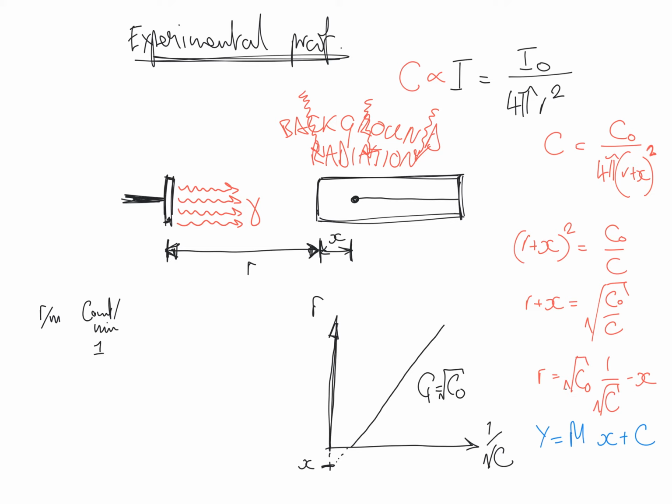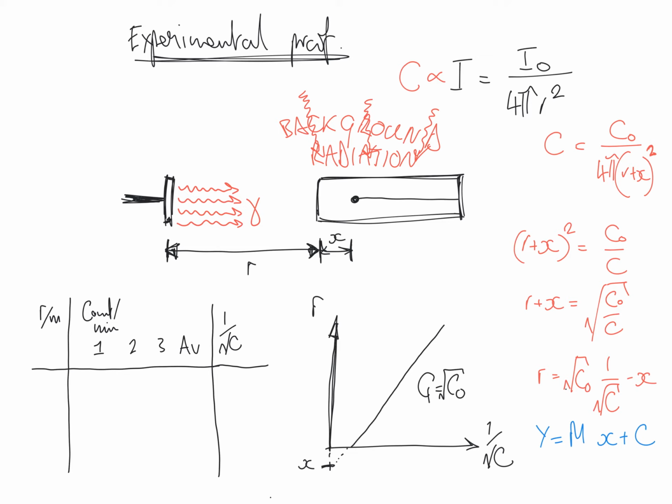We're probably going to do that once, twice, three times, and average it, because this is a random process. So we're going to want to work out what's taking place as an average. We're then going to want to work out 1 over the square root of the count rate.